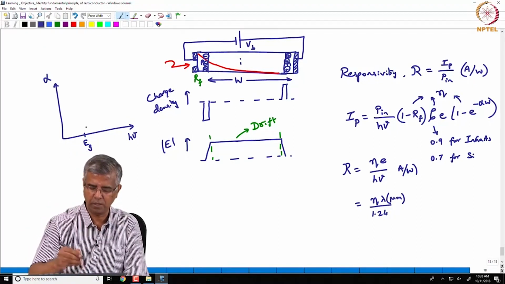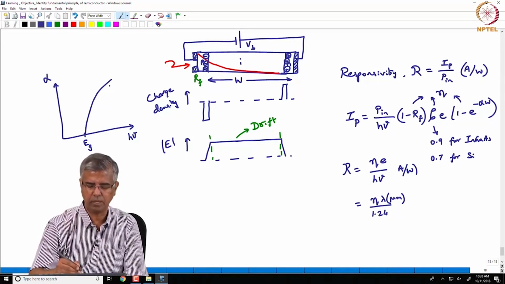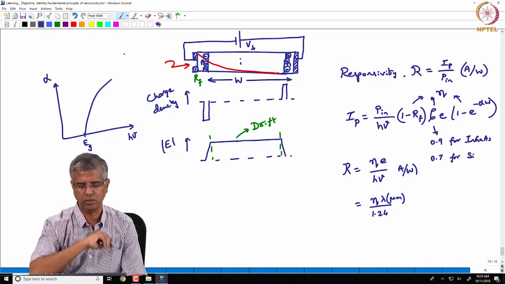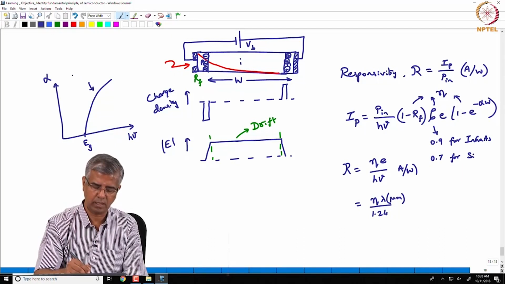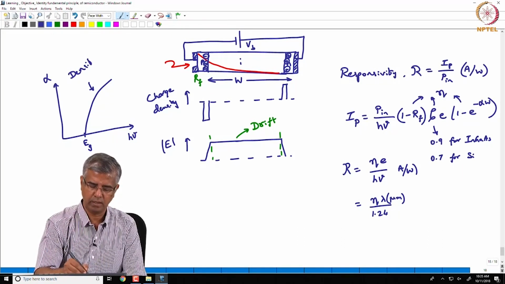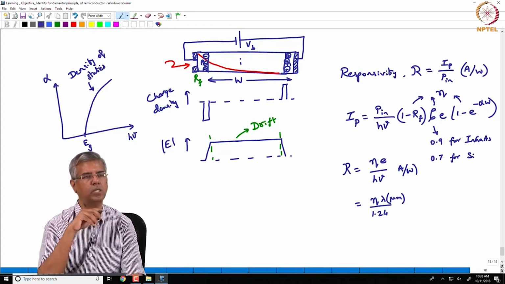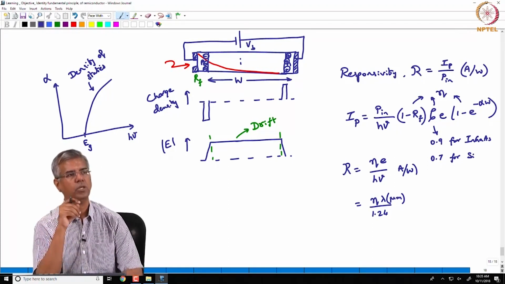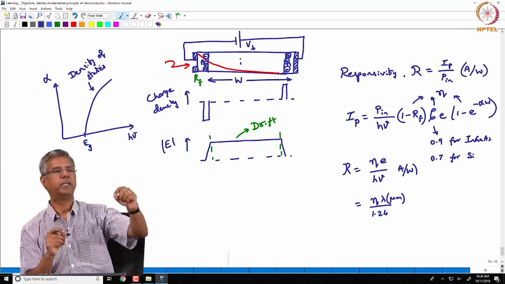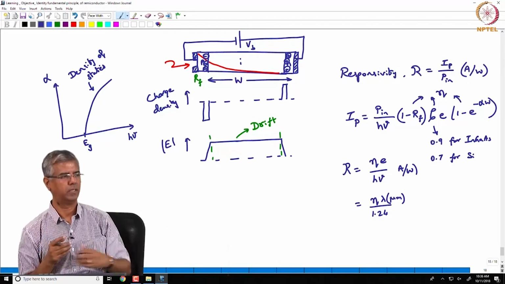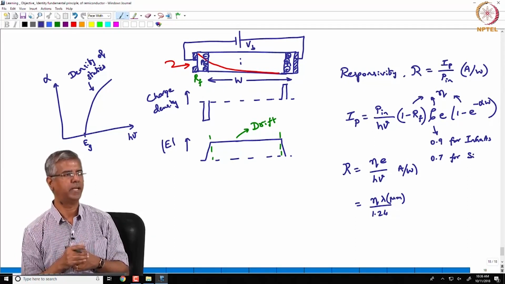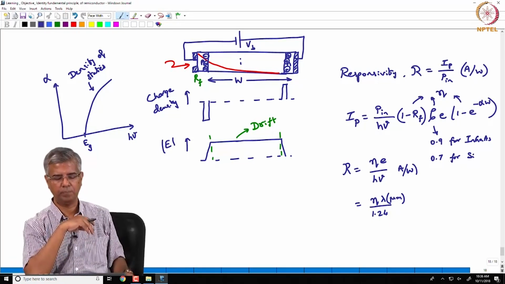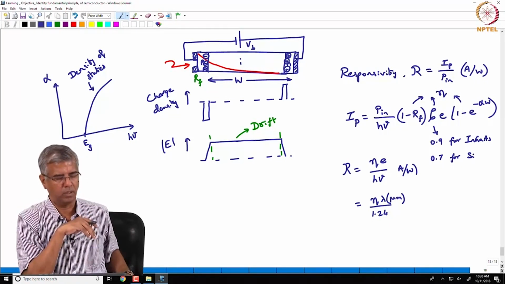But beyond Eg, you start having absorption, and your alpha increases, and the rate at which it increases is primarily driven by the density of states. As you go to higher values of h nu, you are accessing deeper regions of your valence band and your conduction band, and in those deeper regions you have higher density of states. So, that will pretty much determine what your alpha is.